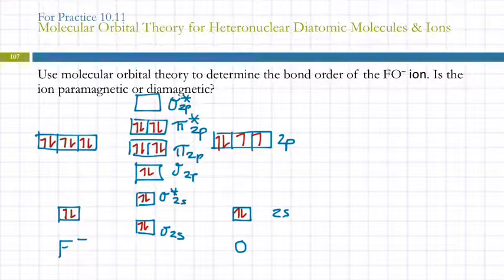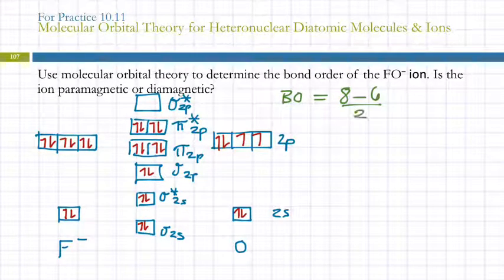So bond order, how many in bonding orbitals? 2, skip that one, 4, 6, 8, right? So 8 minus how many in antibonding? 2, 4, 6. So 8 minus 6 over 2, we get a bond order of 1.